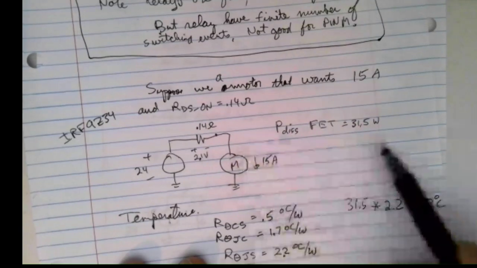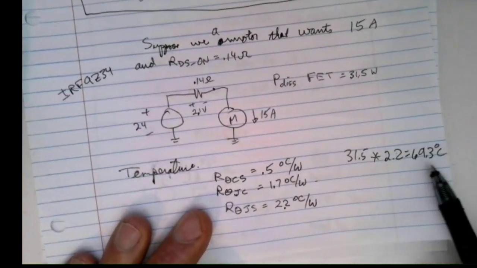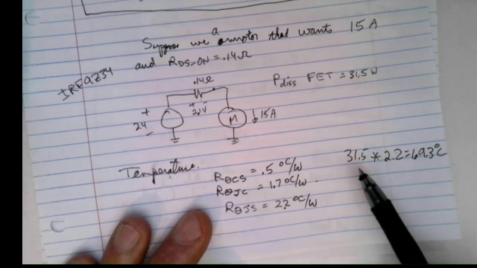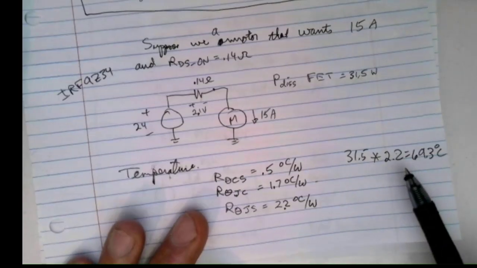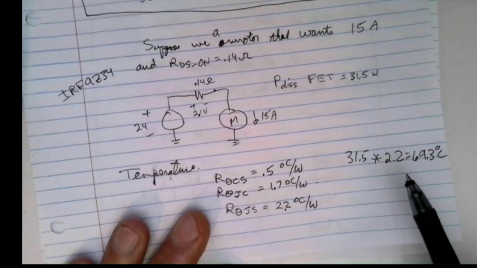And we've got 31 watts dissipation in the FET. That's pretty high. And if your heat sink is at 100 degrees C, how could the heat sink be 100 degrees C? Heck, when I was working, the heat sinks were hotter than 100 degrees C. Everything is too small. Everything is too hot. That's the way it works.